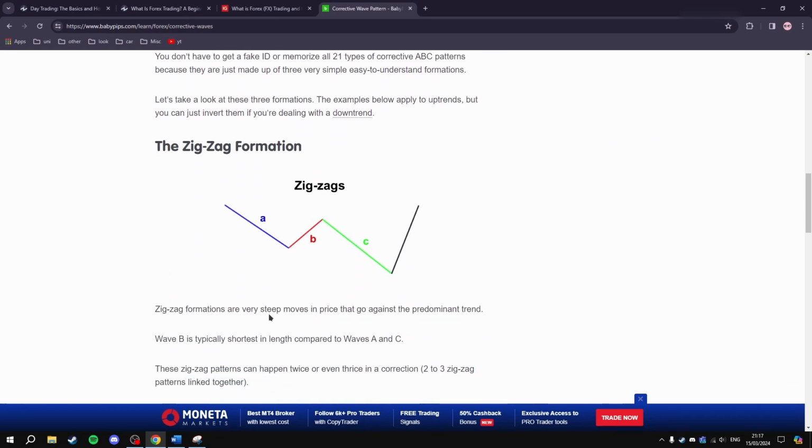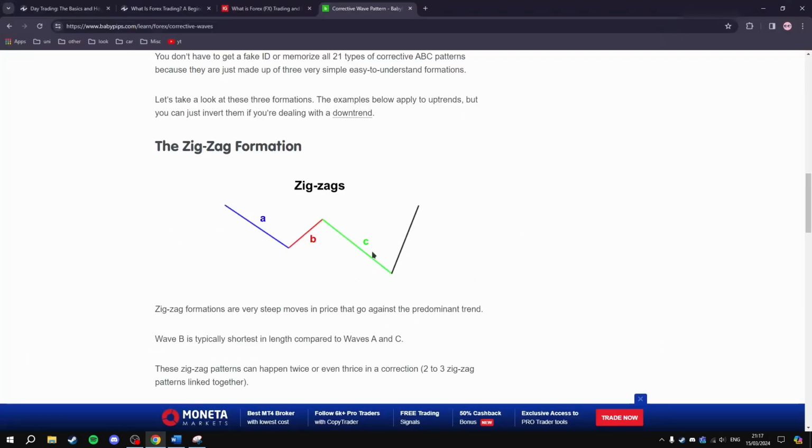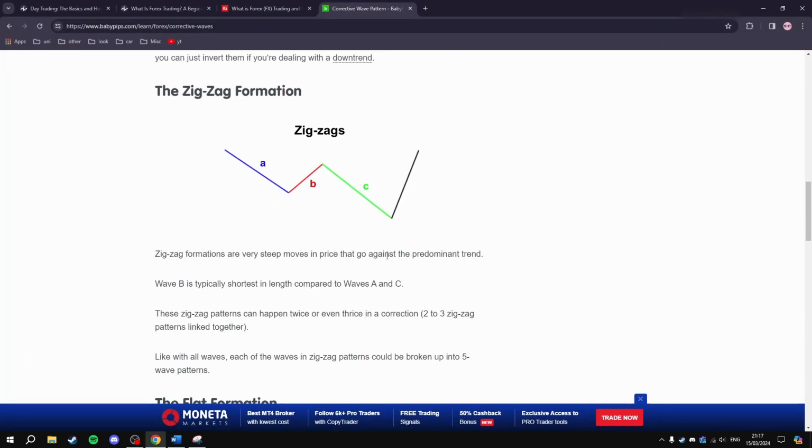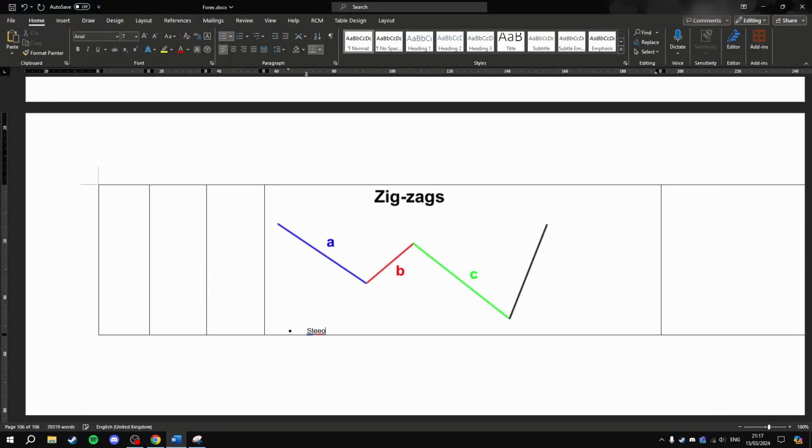Zigzag formations are very steep moves in price that go against the predominant trend.